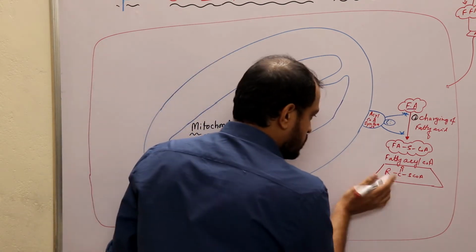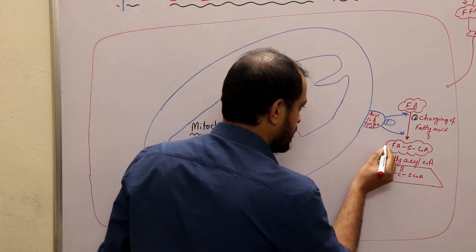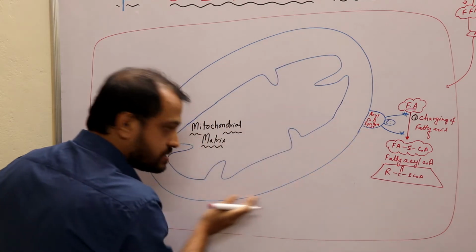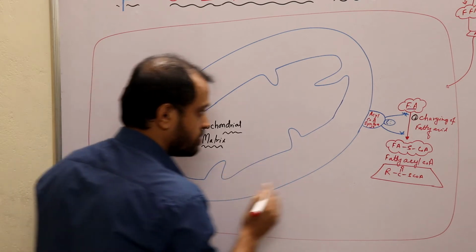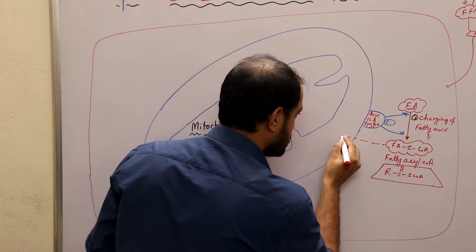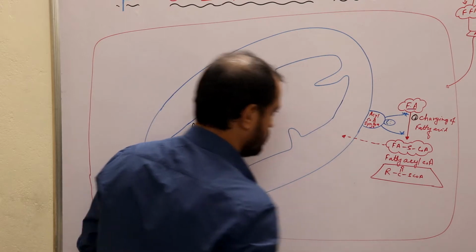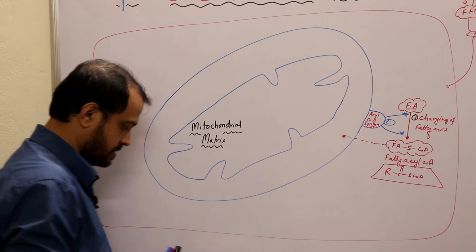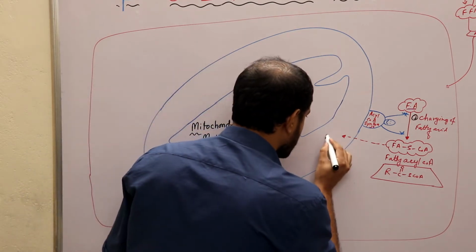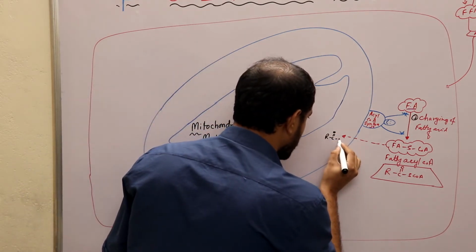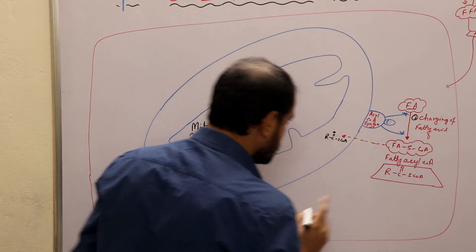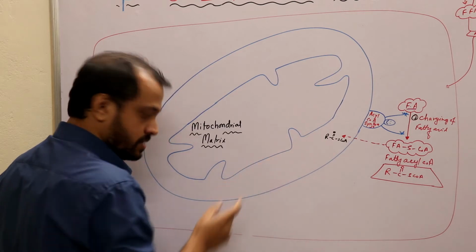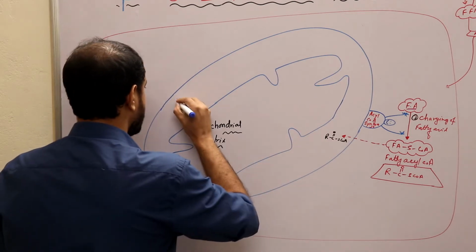It is now permeable only to this first membrane of mitochondria, that is, it can now easily enter the first layer. Now listen, there is another barrier, okay? This fatty acyl CoA has successfully reached the intermembrane space of mitochondria.